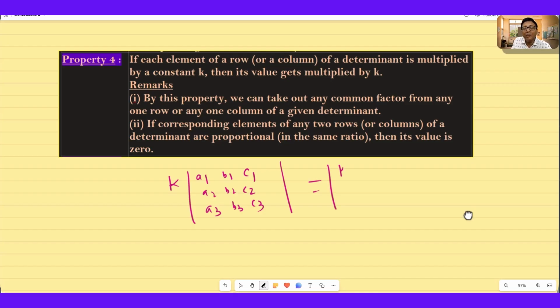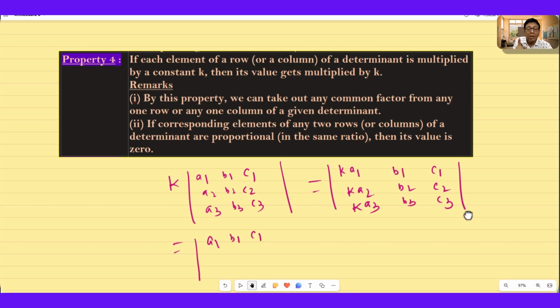Then it's fine. I am doing it in case of columns. K1, K2, K3, B1, B2, B3, C1, C2, C3. Okay. You can multiply the second row elements also, then it is valid. So remember, you are going to multiply only one row or one column.